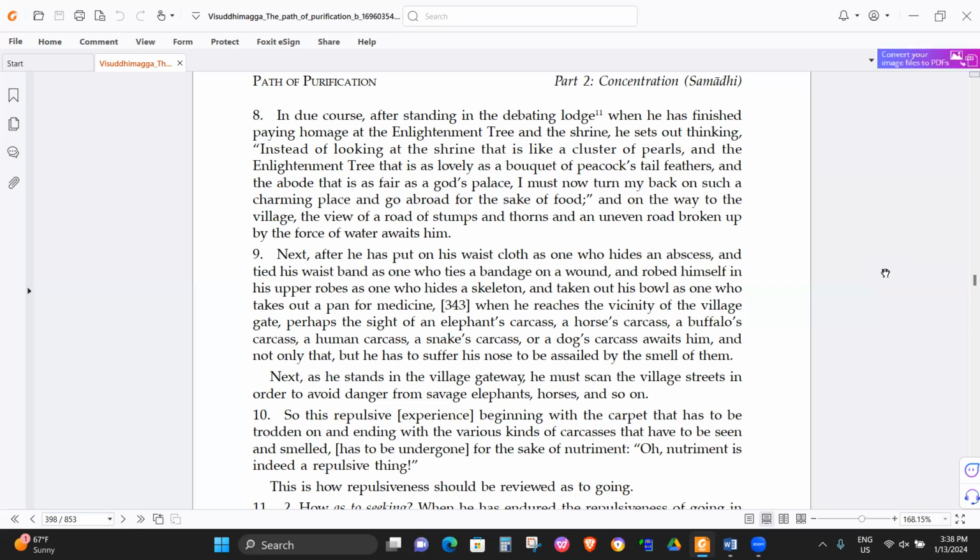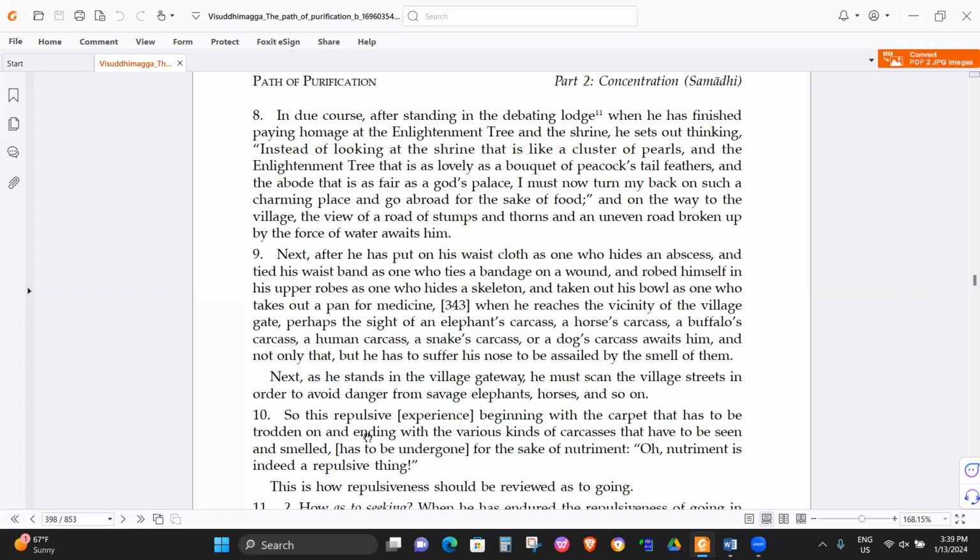When he reaches the vicinity of the village gate, perhaps the sight of an elephant carcass, a horse carcass, a buffalo carcass, a human carcass, a snake carcass, or a dog carcass awaits him, and not only that, but he has to suffer his nose to be assailed by the smell of them. Next, as he stands in the village gateway, he must scan the village street in order to avoid danger from savage elephants, horses, and so on.